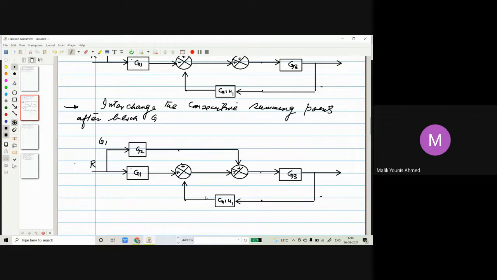A bit of amendment we have to do. Okay, fine. This is plus minus. We'll make it plus minus first. Then we'll see the integrity of the circuit.